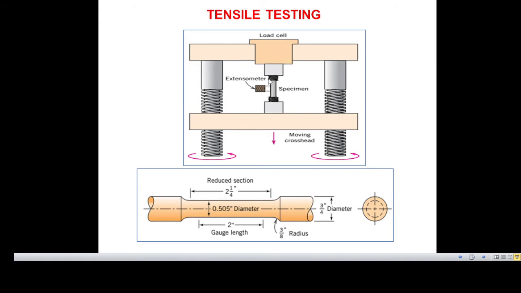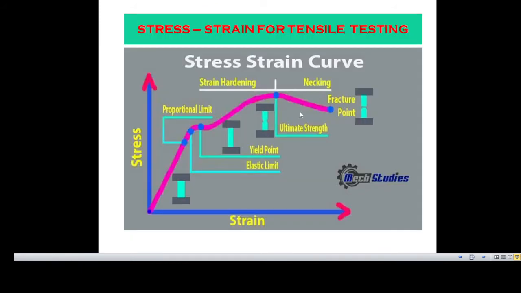So in this portion there will be elongation, and that elongation will be measured by this extensometer, and load versus elongation can be plotted graphically, and finally we can get this type of stress strain curve for a ductile material like mild steel.